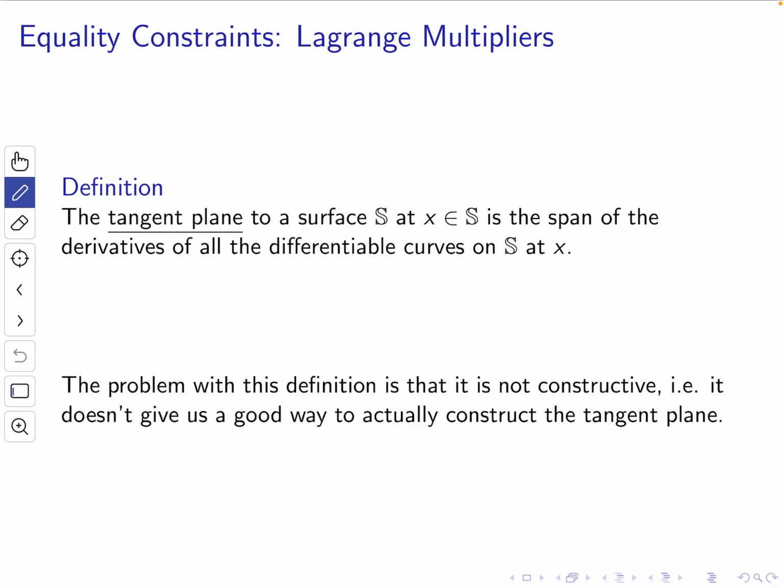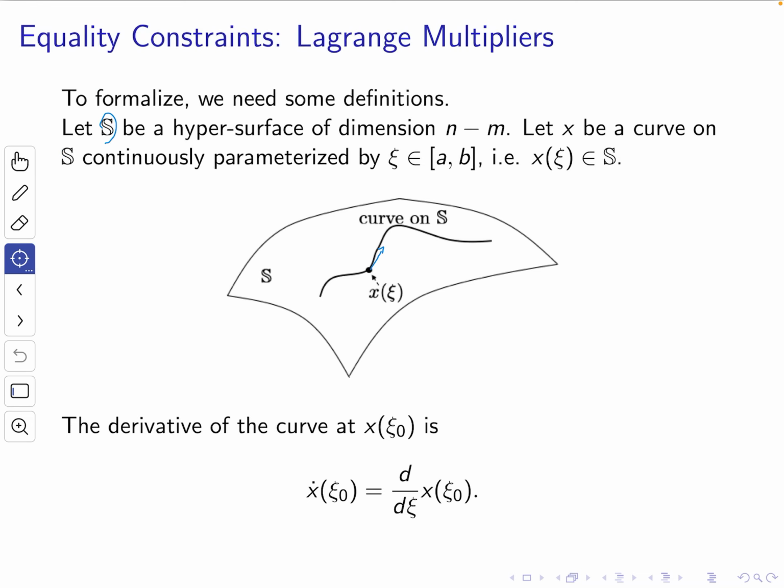Okay, so the tangent plane, here's the definition. How do we define the tangent plane to a hypersurface at some point x? So the tangent plane to a surface S at x is the span of the derivatives of all the differentiable curves on S at x. So if we go back here, you can think, we get one tangent vector, and then we have another curve.